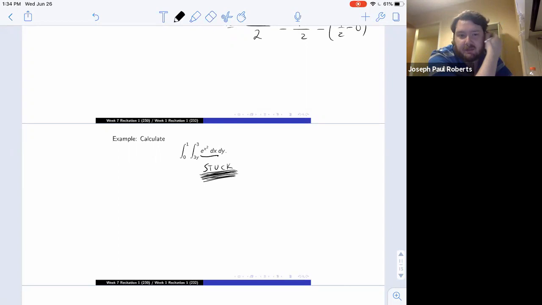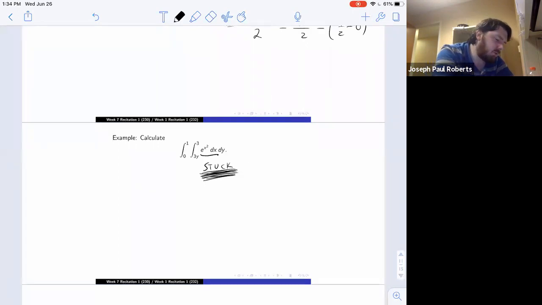So e to the x squared dx, we're giving you a big hint here. It's up to you guys to realize that this is a hint that we're stuck, that I don't know the formula for the antiderivative with respect to x of e to the x squared.